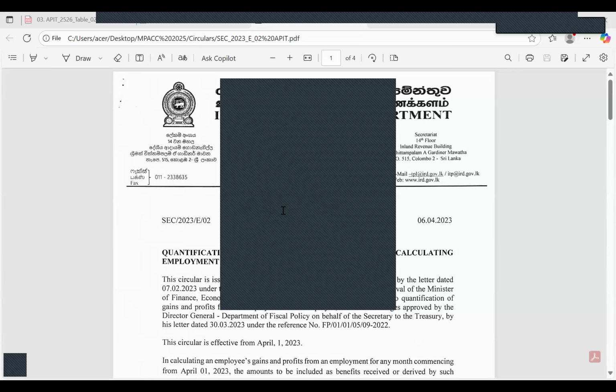But if it is not an employment income and it is a professional income, the act itself specifies who are the eligible persons for the deduction of this 5% under section 85. So when we make payment to a person for that kind of services, then only we can deduct 5%.